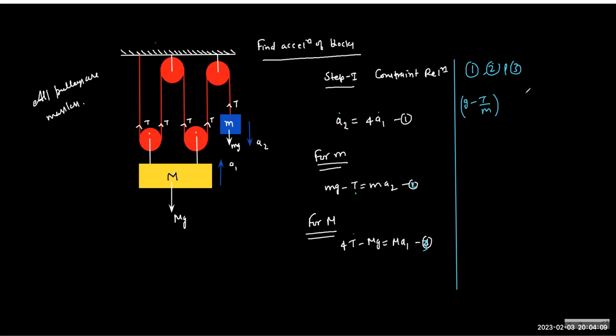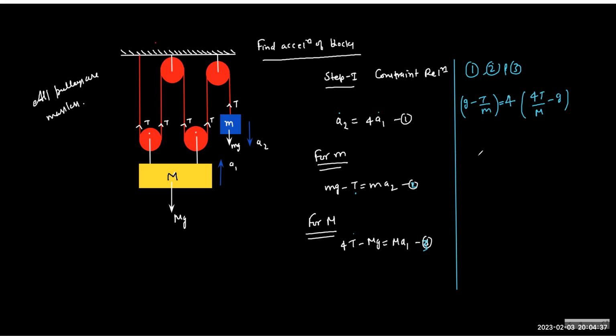Do you see this? Yes or no? Equals 4 times A1. What is A1? It is 4T by capital M minus g. Hope you realize this.